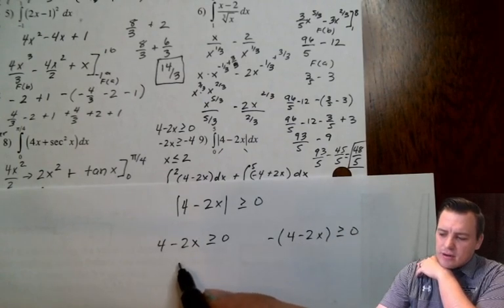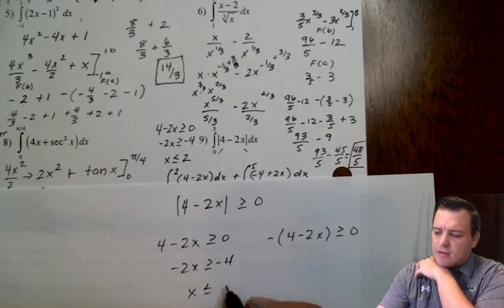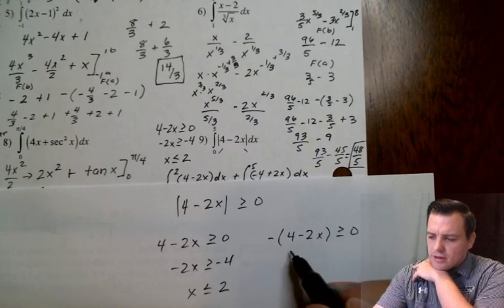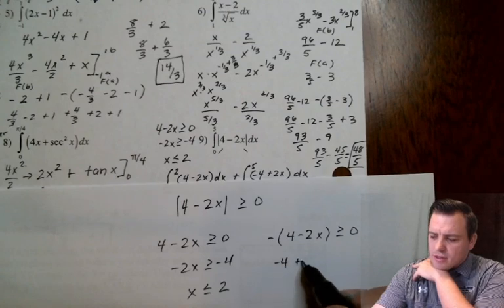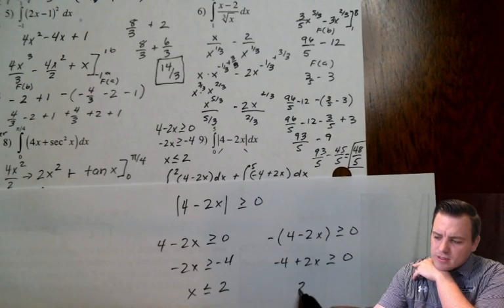So again, here we get that negative 2x is greater than negative 4. You divide by that negative, we get 2. Over here, you would say negative 4 plus 2x is greater than or equal to 0. Add 4 to both sides, and then you get x is greater than 2.